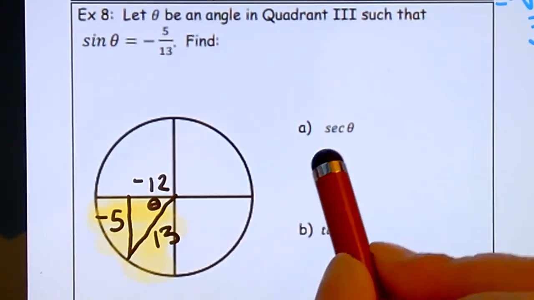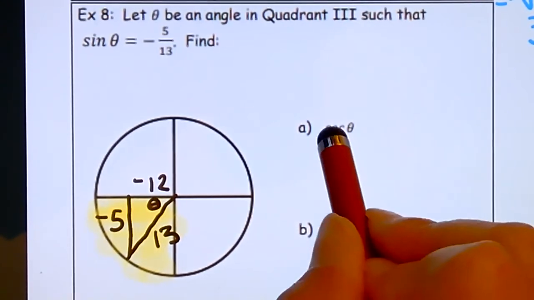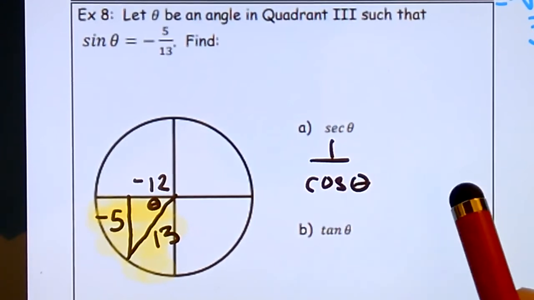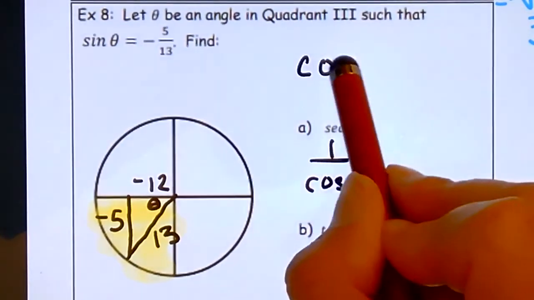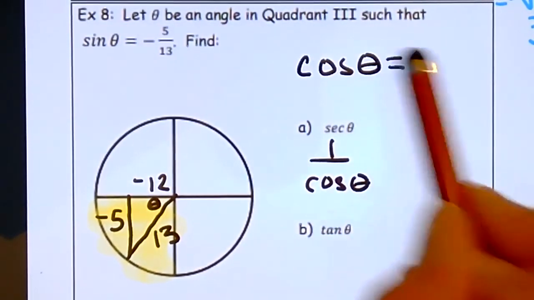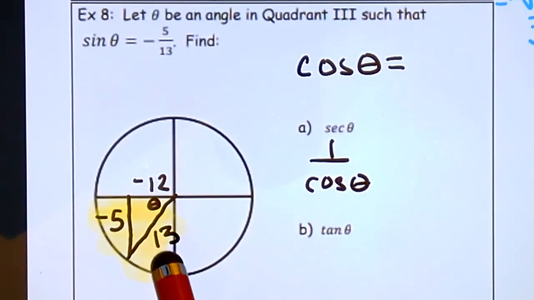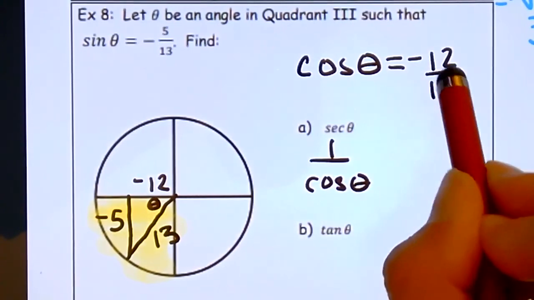So now when I find secant, and remember, it's secant, S doesn't go with S. So this is really 1 over cosine theta, okay? So let me just write my cosine theta real fast up here. You're not asking me for it, but it's helpful to me. So cosine would be adjacent over hypotenuse.